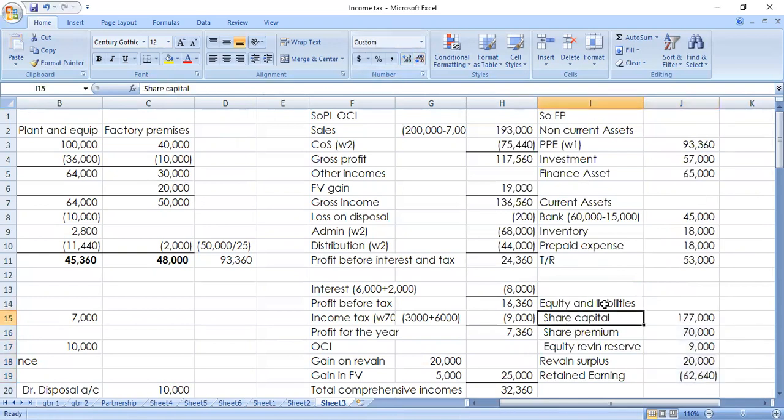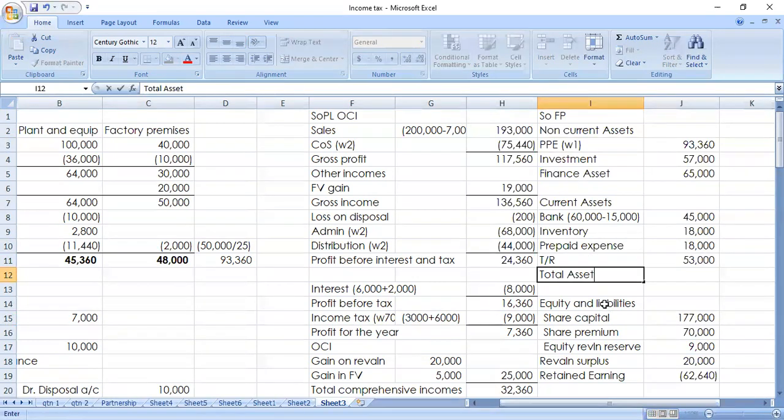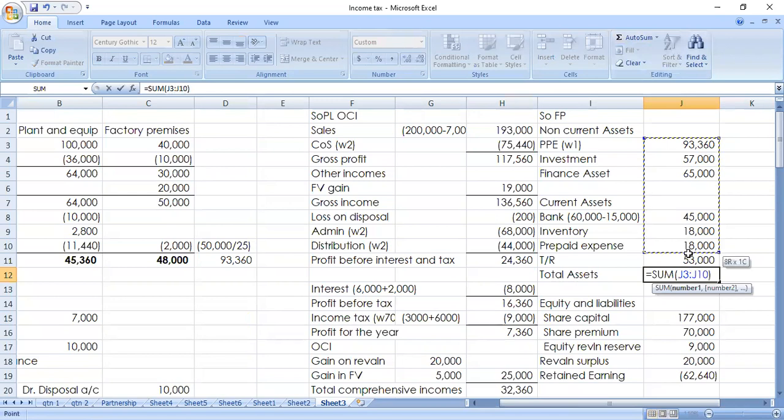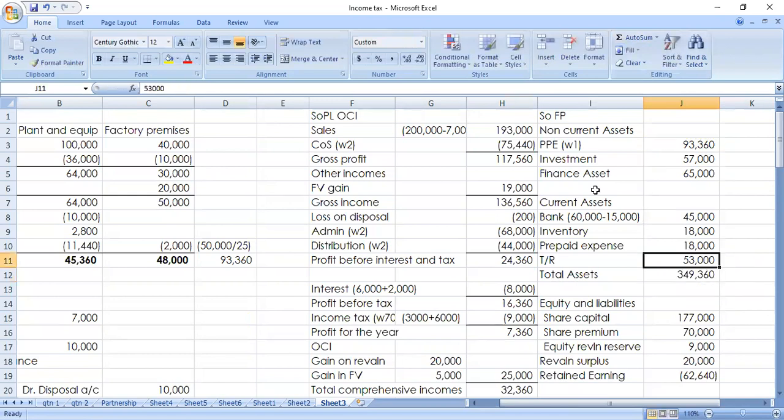So then once you're done with your changes in equity, then you still now concentrate on the balance sheet. Okay, balance sheet, you have total assets. Total assets, I'll just add everything. So you add everything from top to bottom. Okay.